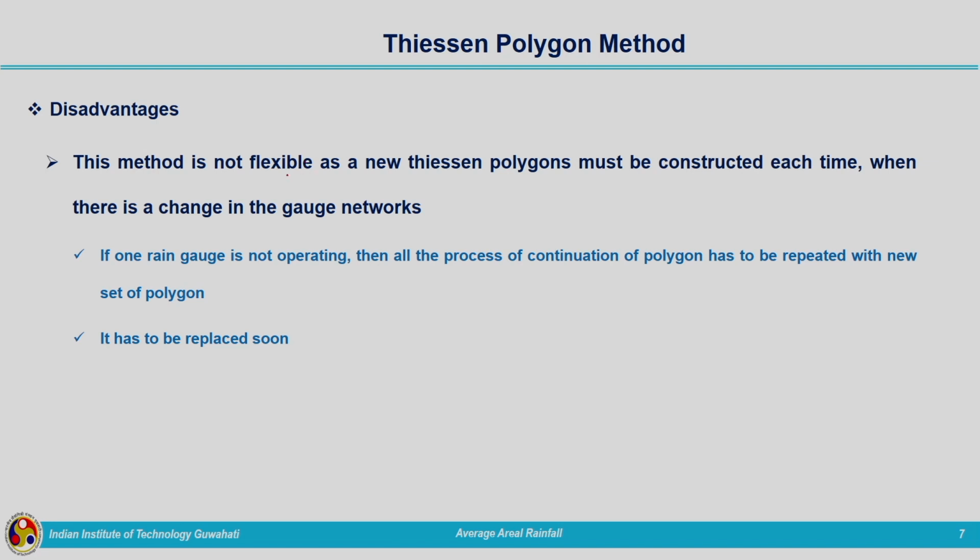This method is not flexible, as new Thiessen polygons need to be constructed every time. In a particular watershed we have n rain gauges, and based on the number of rain gauges we connected them by straight lines forming triangles.